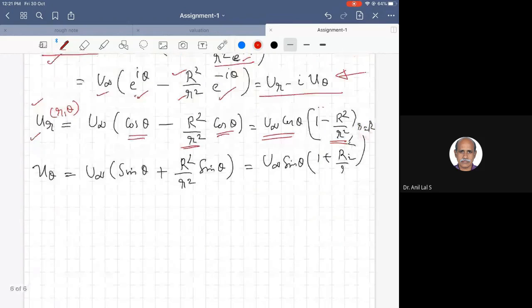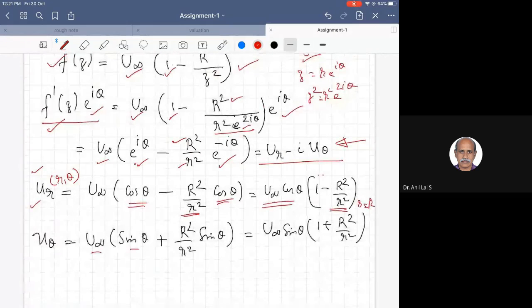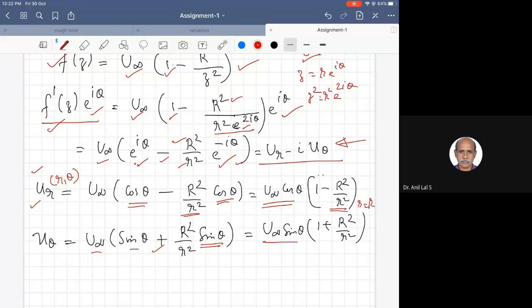Similarly, the imaginary part you write. So here u infinity into sine theta is the imaginary part. Here capital R squared by small r squared. Here minus sine theta is the imaginary part. And this minus and this minus will become together plus. So u infinity sine theta into 1 plus capital R squared by small r squared. So this is the tangential component of velocity.